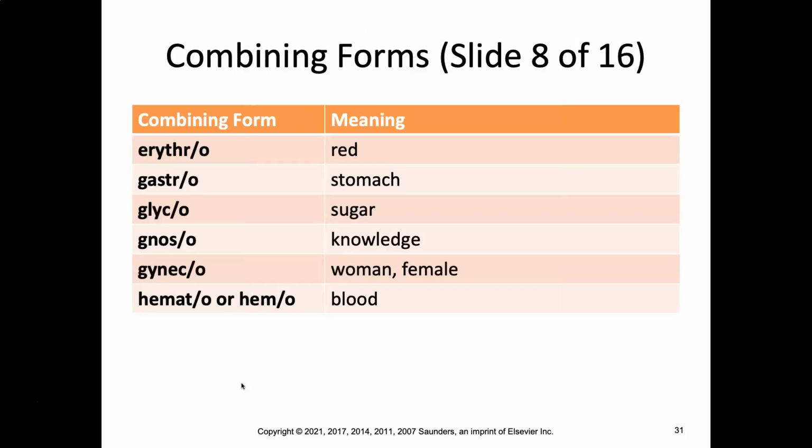All right, erythro, gastro, glyco, noso. Notice that noso, G-N-O-S-O. When you have a G-N like that at the beginning, you don't pronounce the G. You drop it in terms of sound, so it's noso. Gyneco, hemato, or hemo. See, we have 2 for blood, hemato or hemo.